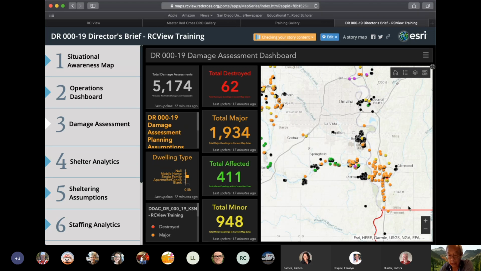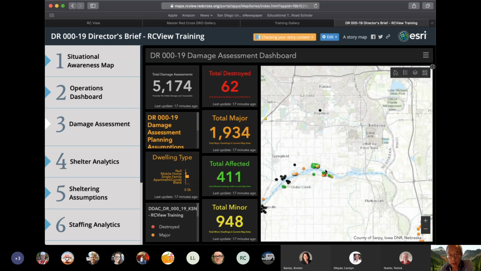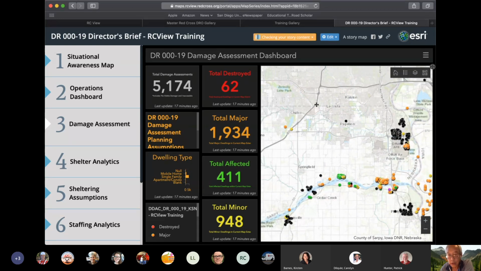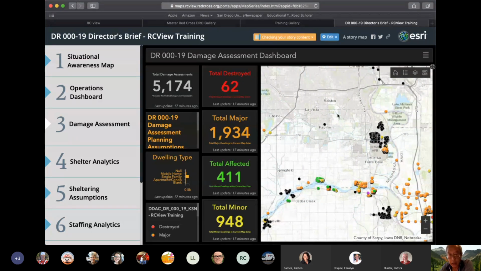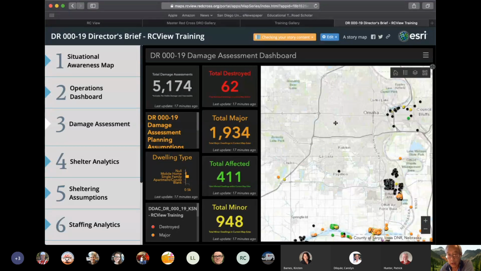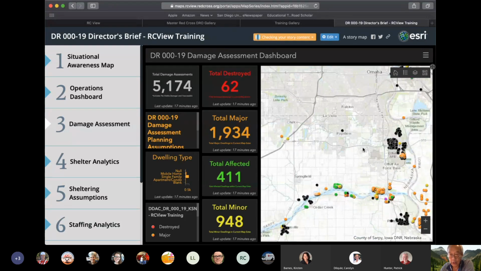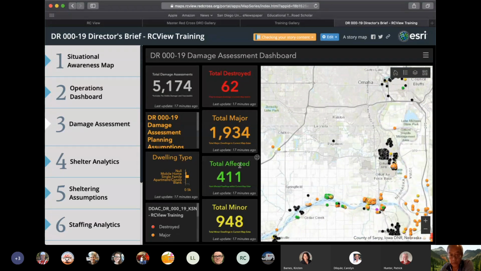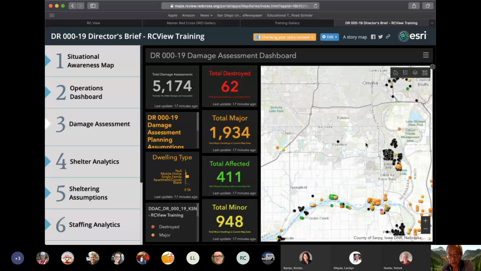So my routing, I would probably focus in this area here. And it looks like it's pretty low density of Hispanics, but you still may want to work with the local community, and you look at these other hotspots where there's affected, maybe some major, and do your routing so that we are making sure that the underserved are being served.